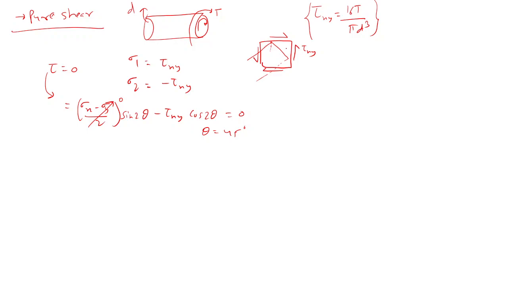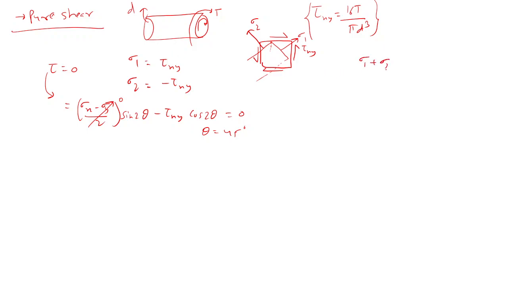So this would be the plane, okay? Let's suppose this is 45 degree. So here would be the sigma 1 and in this plane it would be the sigma 2, right? One thing we came to know here: for the pure shear, what is the condition?